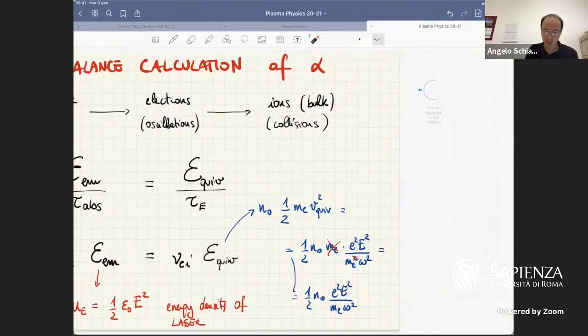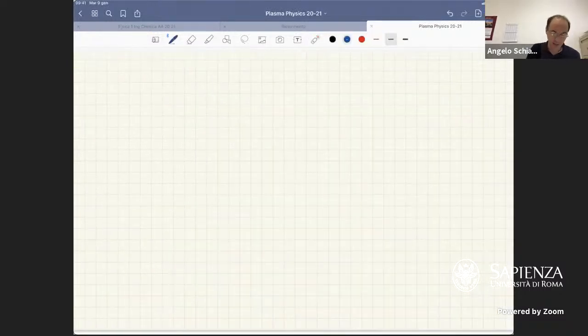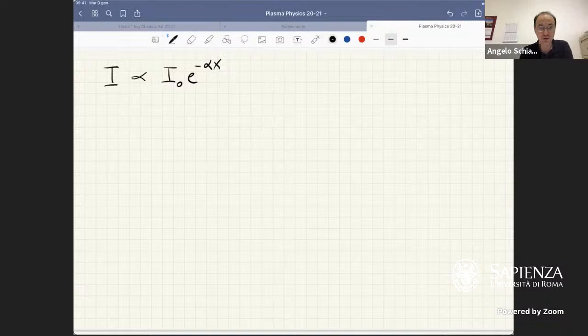We remember that the way the intensity drops along the laser propagation is that the intensity goes as I naught e to the minus alpha x, where alpha is the attenuation coefficient we want to obtain at the end of this calculation.